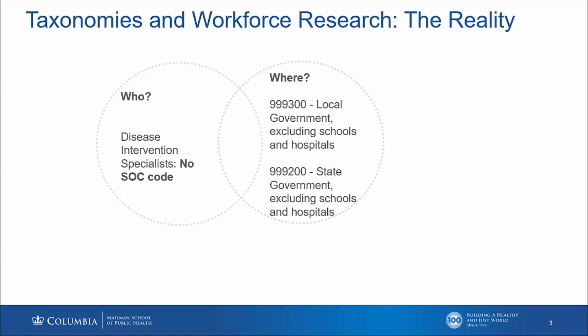Where things get much messier is that there are many occupations existing within local or state government health departments which might also work in many other local government agencies. Just as an example, social workers.